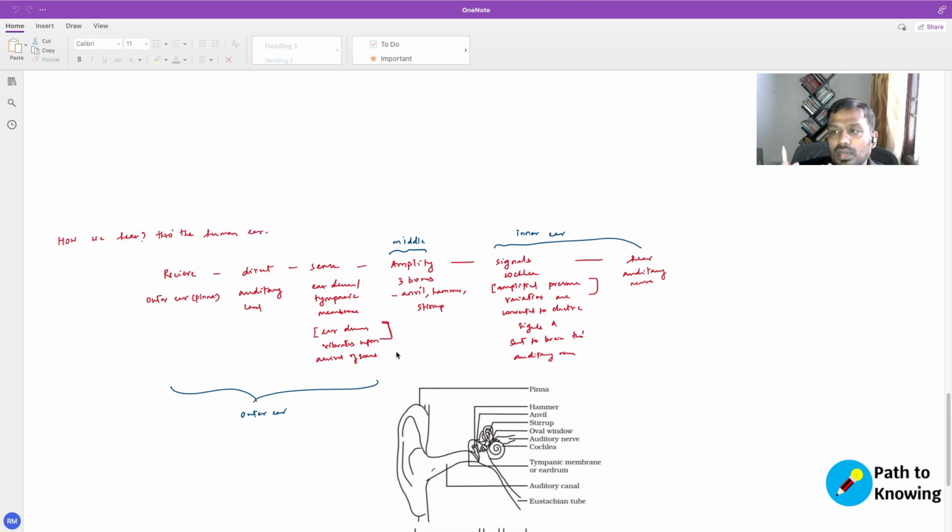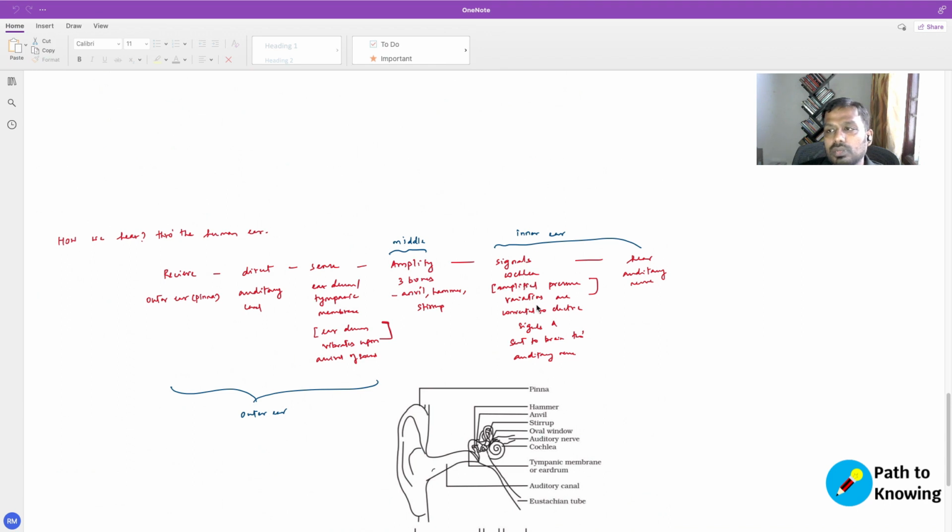Once that sound wave is amplified, then comes the role of the inner ear, and it starts with the cochlea. The amplified sound waves from the middle ear are converted into electric signals, and sent to the brain. It is the brain that ultimately perceives that sound wave.